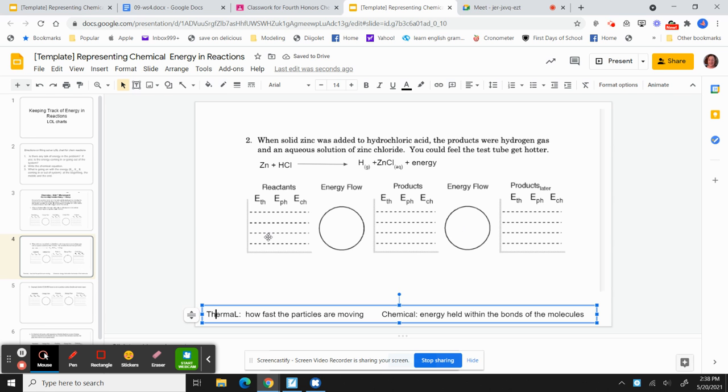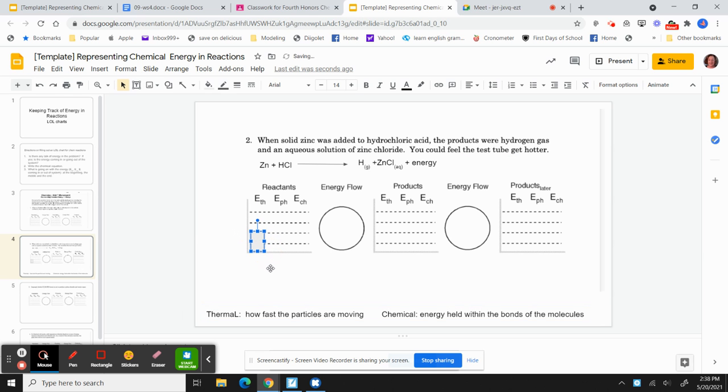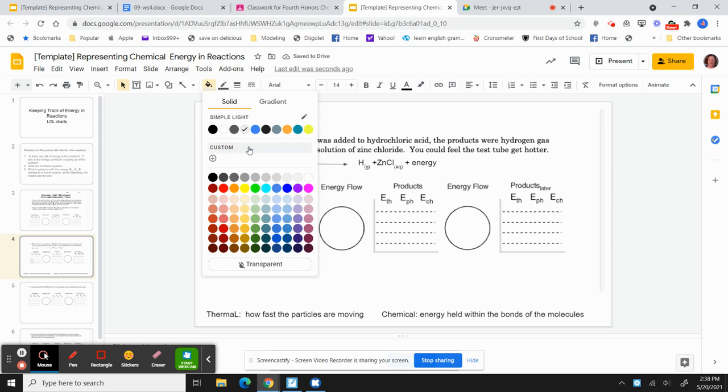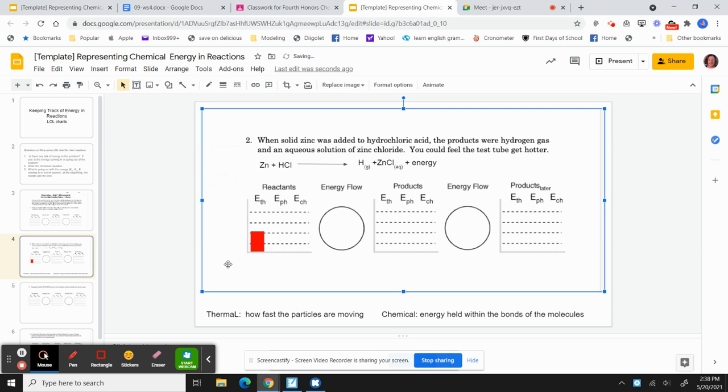All right. So we're going to start out, you guys, with thermal energy. We're going to put some energy in for thermal because we are never seeing zero amounts of energy, right? We never see the particles totally stop moving. That would be absolute zero, and we don't have that. So we're going to say that in the reactants, which is what we're looking at, that they are moving.